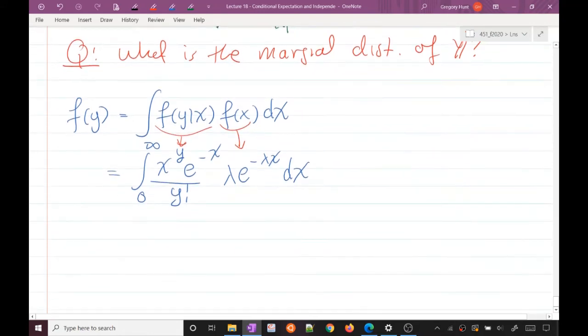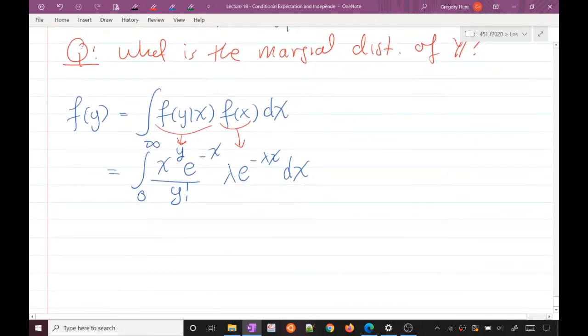And so now we basically have an integration problem. All we did is we took a Poisson with parameter x, and x is an exponential with parameter lambda. Okay, so let's just solve this problem. It'll be a little bit involved, but not too bad.